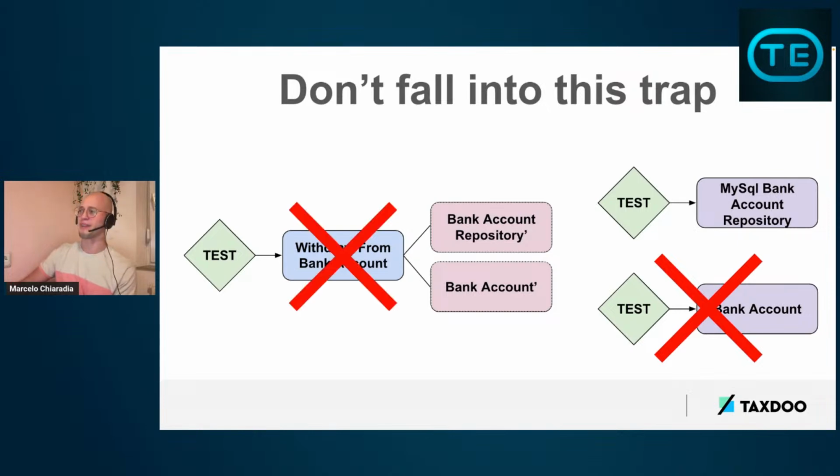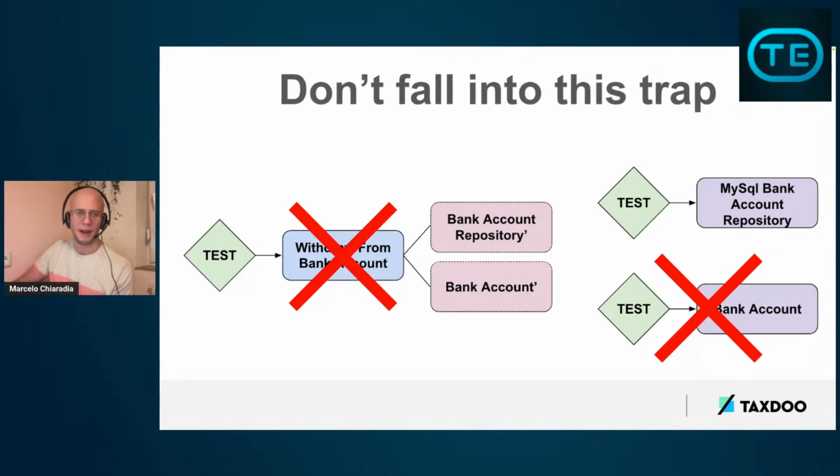And the same would happen if, for example, we want to remove the bank account class fully and just merge it together with the withdraw use case. The problem is that whenever you are refactoring and doing some changes like this in production code, you don't want your test to fail because you actually didn't change any behavior at all. It's just structure, and this is getting in the way of refactoring.